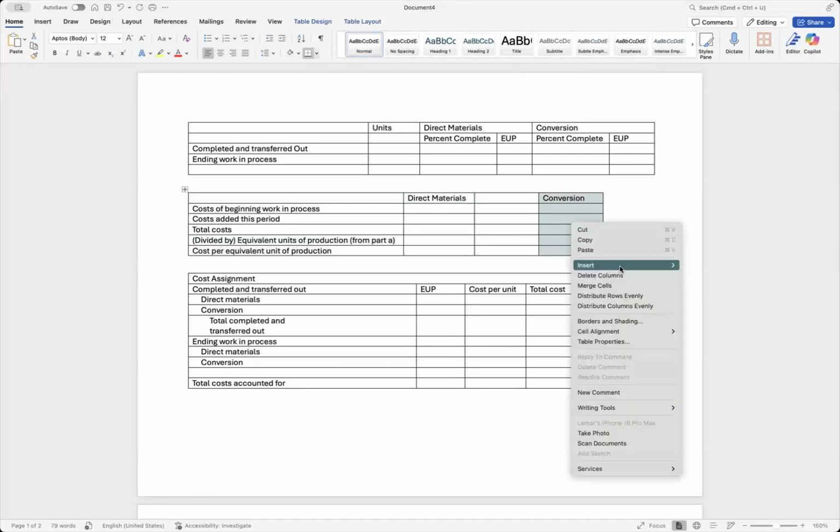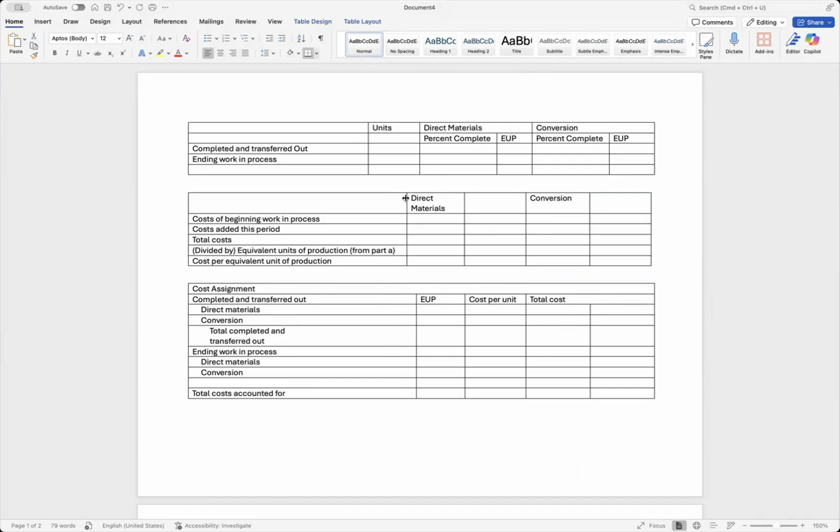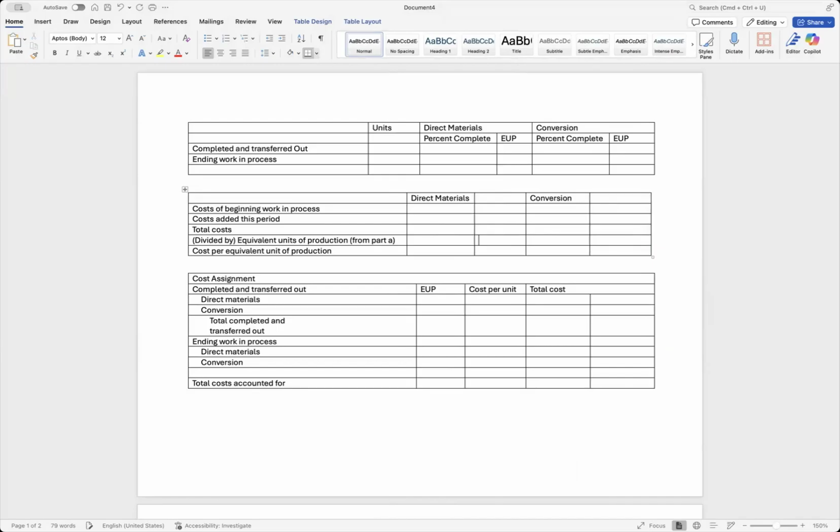And here we go. Now it's going to look similar. So this says EUP, EUP, and this says per EUP.